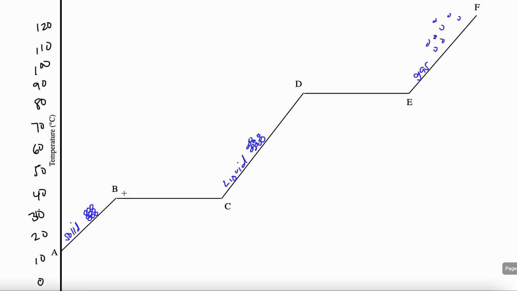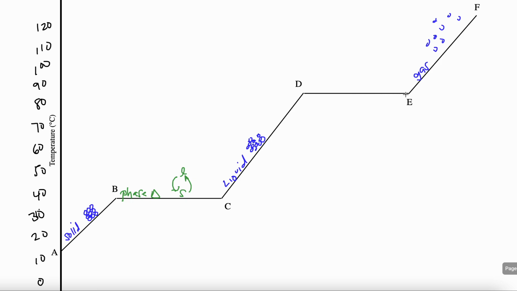So that represents the idea that our sample can go through a phase change. So if we start off as a solid, the solid can melt into a liquid. But if we start off as a liquid, it can phase change to become a solid. So we see both phases present here.